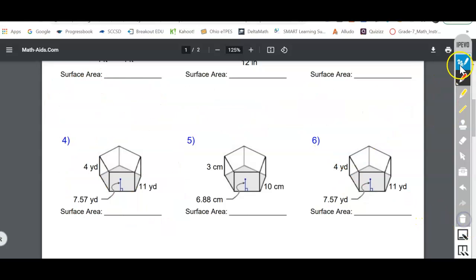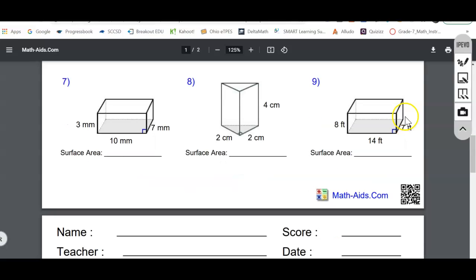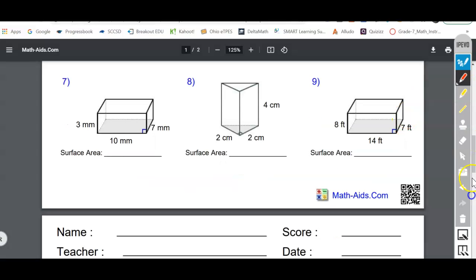Okay. So down here, it looks like number 8. This missing measurement I wrote in, didn't I? What did I say it is? 2.8. So for the people at home, that's 2.8.